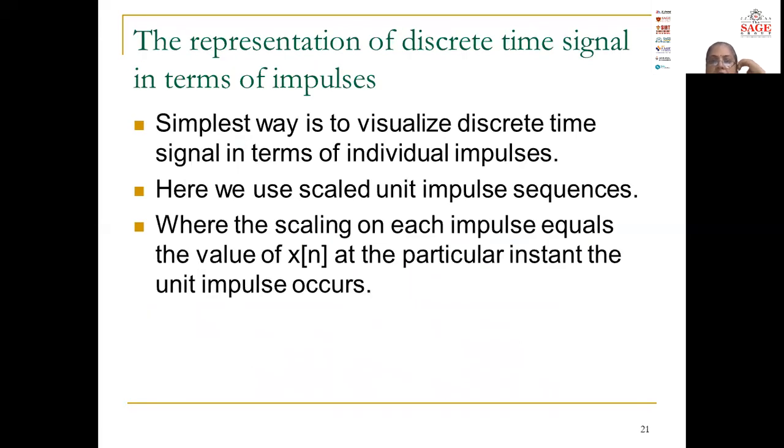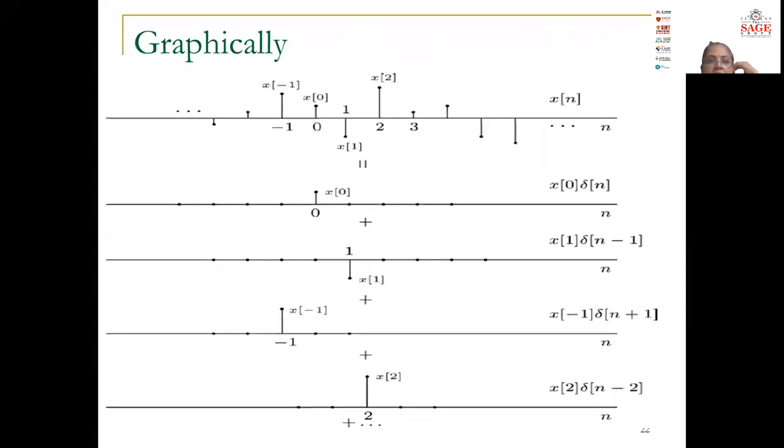The representation of a discrete time signal in terms of impulses, as shown previously, is a way to visualize discrete time signals in terms of individual impulses. We have scaled the unit impulse sequences, where the scaling on each impulse equals the value of x[n] at the particular instant the unit impulse occurs.